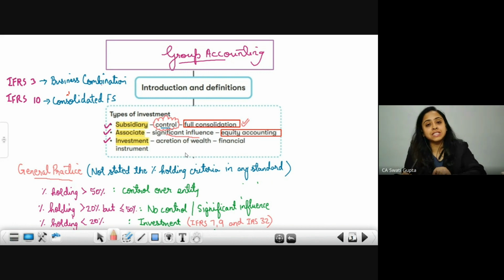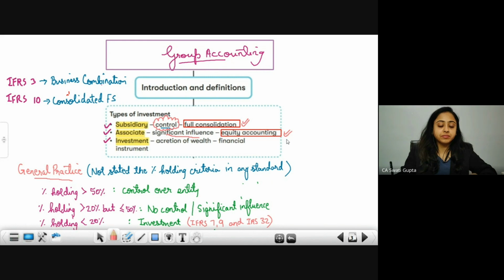But as soon as you have identified that significant influence exists, then we'll conclude that it's a parent and associate relationship. Whenever we ascertain that a parent and associate relationship exists, under consolidation we follow the equity method of accounting. What is it? We'll learn later.